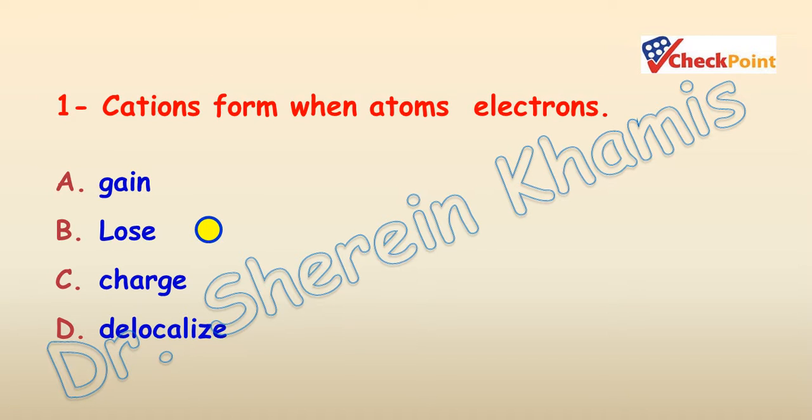When the atom loses electrons, the right answer will be that the atom loses one or more electrons. So electrons lose or gain.